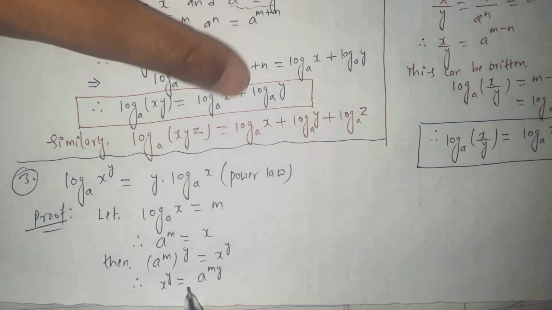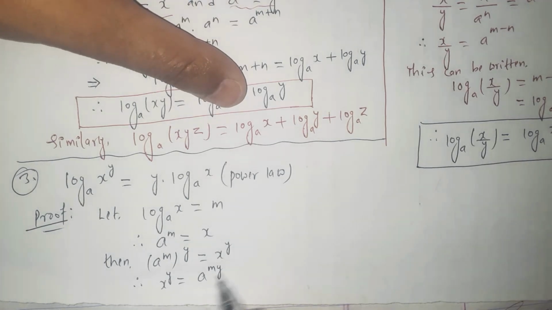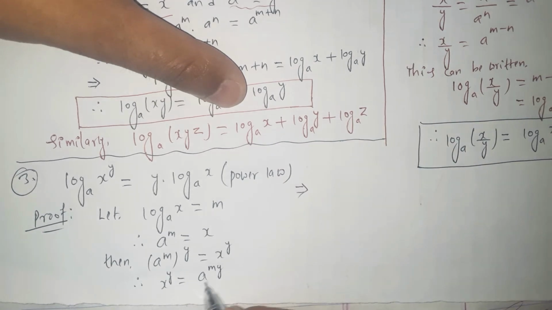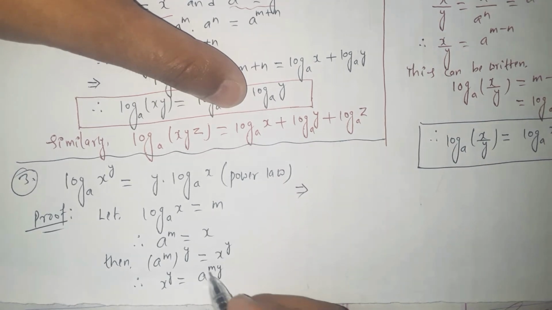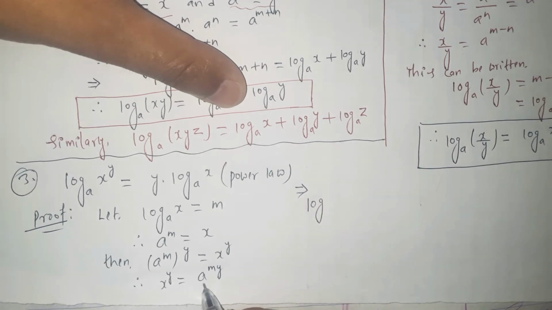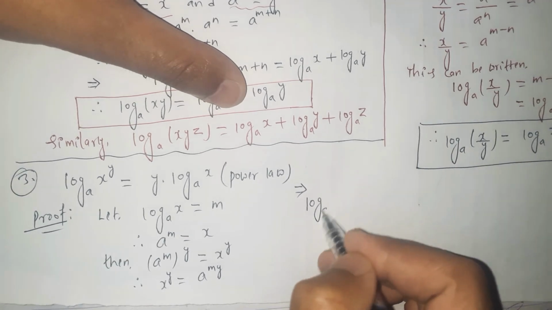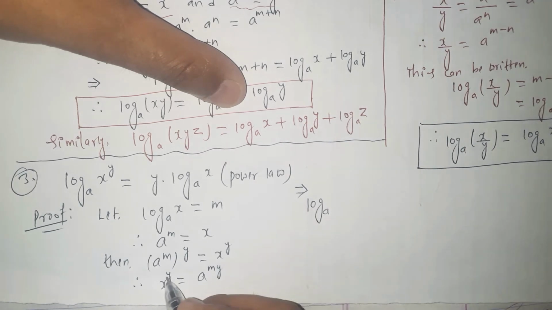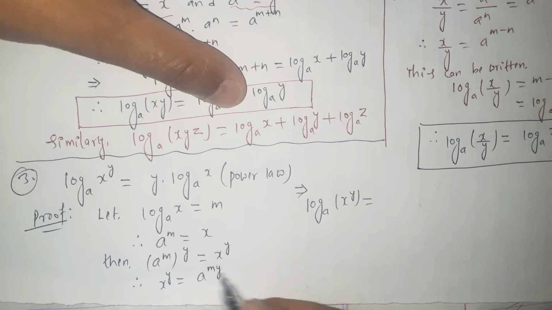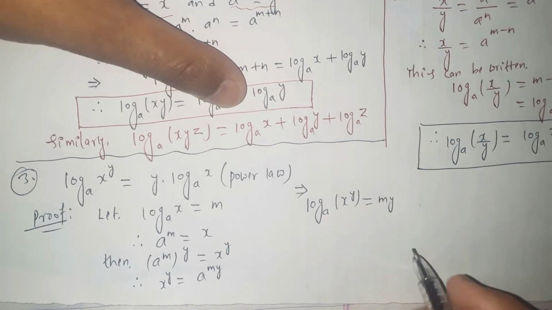Let's change it into the equivalent logarithm form. This implies changing this exponential form into the logarithm form: log with base a of x to the power y is equal to m times y.